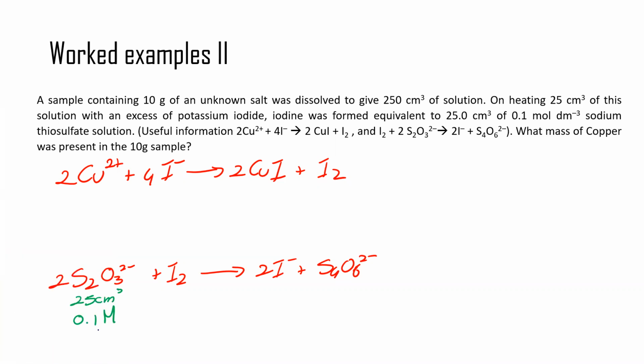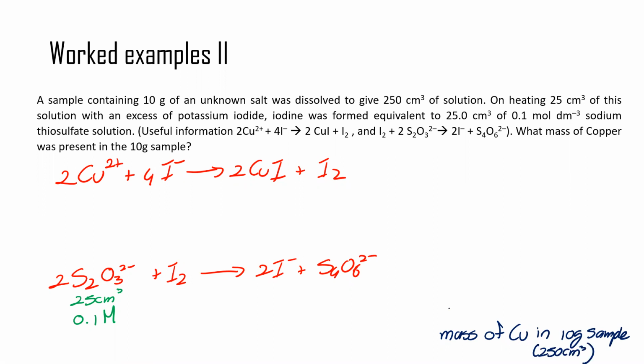But once you get to this position, then you can start thinking about what you need to find. And you are asked to find mass of Cu in 10-gram sample. And that would be into 250 centimeters cubed. But you know that it was diluted.